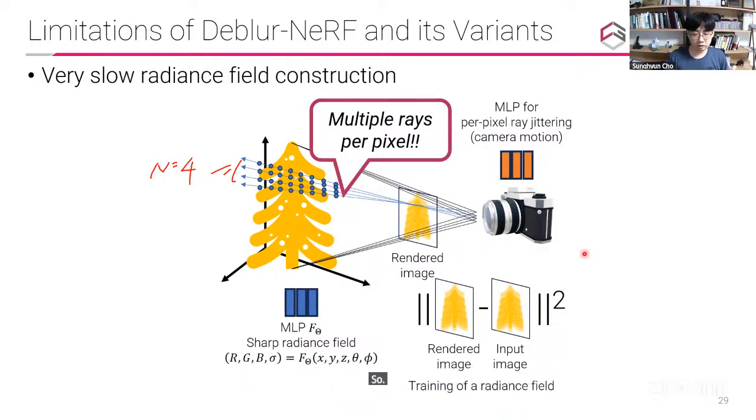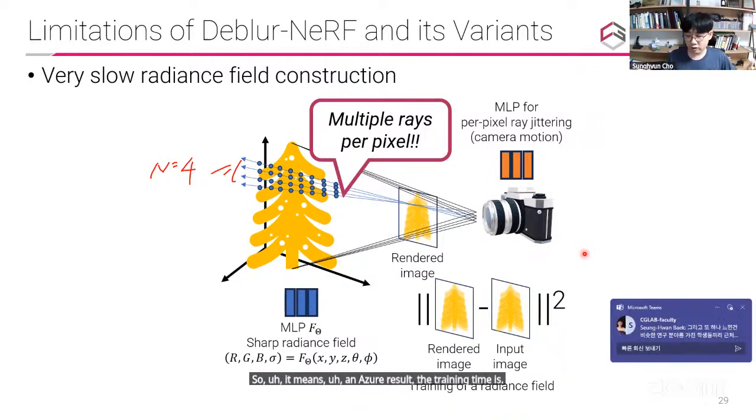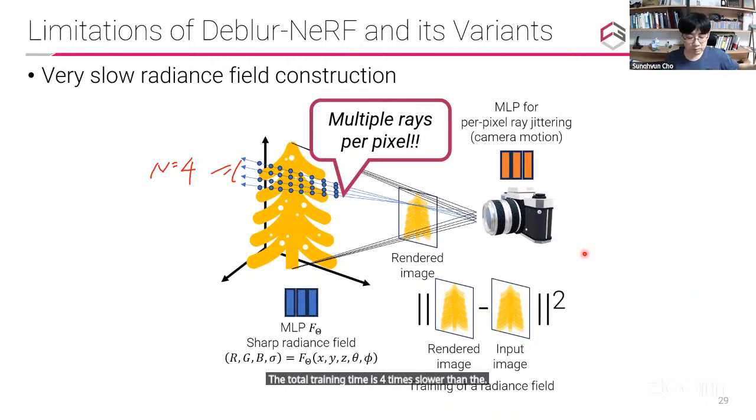As a result, the total training time is 4 times longer than the training time of the conventional NeRF. And usually we need more than 4, especially when you have large blur, so it becomes significantly slower as the number of rays increases.